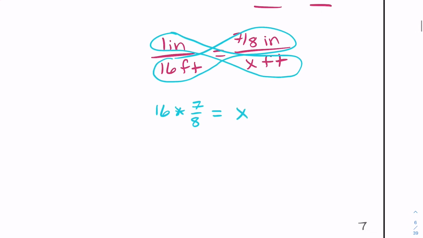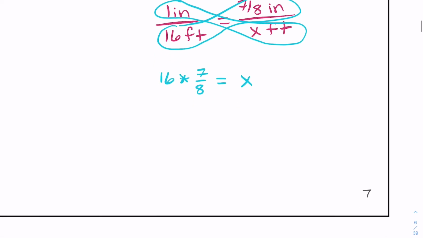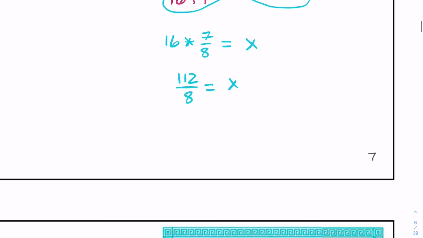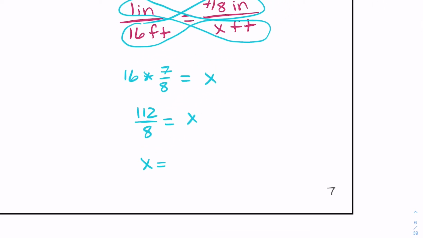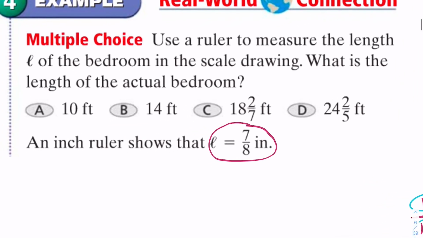We do 16 times 7, which is 112 over 8, is equal to x. And when we divide 112 by 8, we get 14. So x is equal to 14 feet. And there we go, 14 feet. So the answer is B.